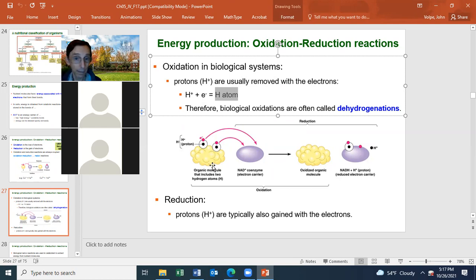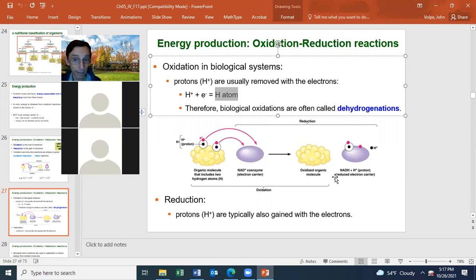So when a molecule such as glucose, an organic molecule, becomes oxidized by losing an electron, and NAD plus gains that electron, the glucose loses the electron but also loses a hydrogen ion, which moves to NAD plus.